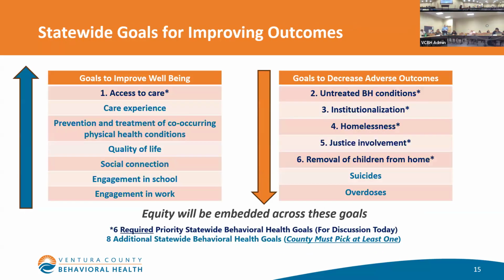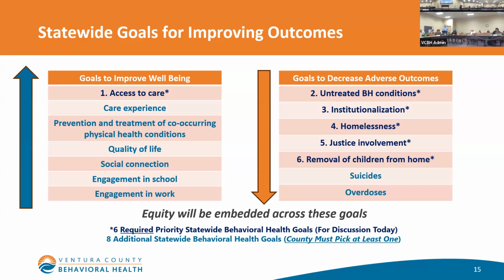So next slide. This one requires a little bit of an explanation. What you're looking at here, on the left, is a set of indicators or categories of goals, right? And the ones on the left are ones where we want to see improvements. That's why the arrow is going up, right? So all the ones on the left are where we want to see an increase, which would indicate improvement.